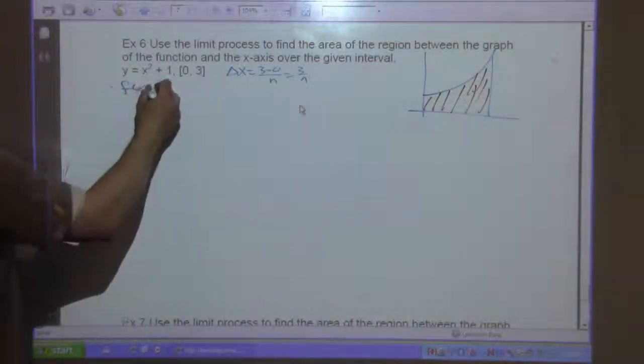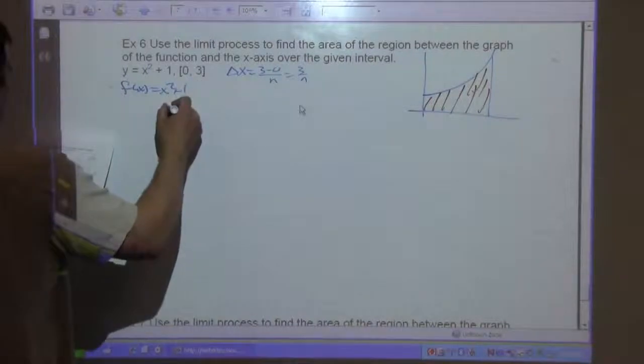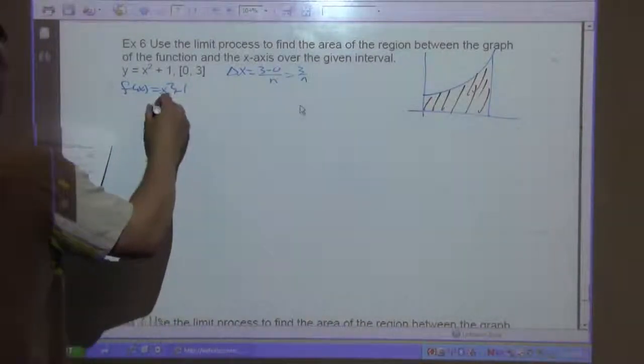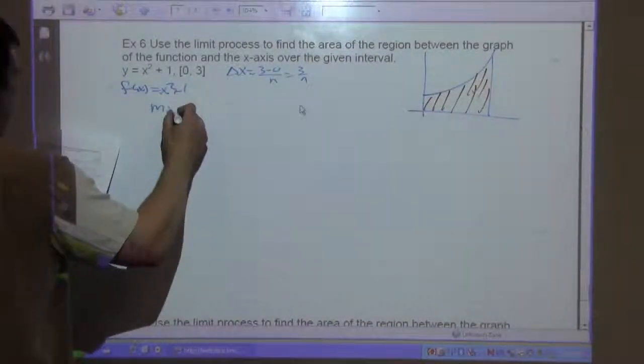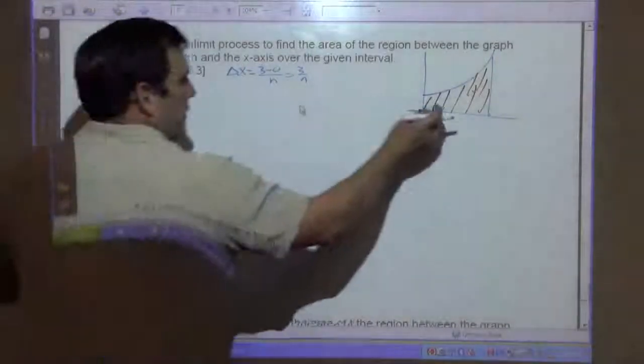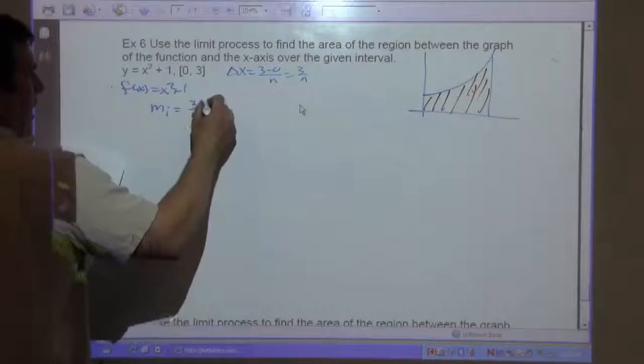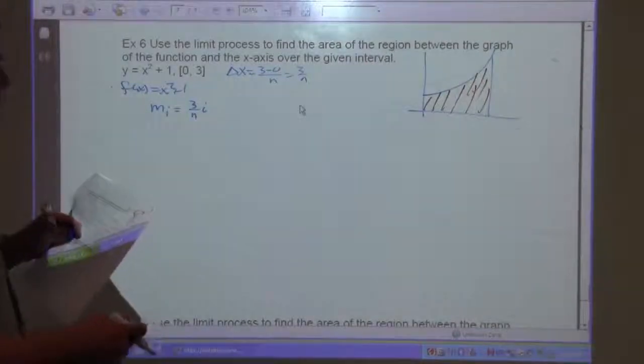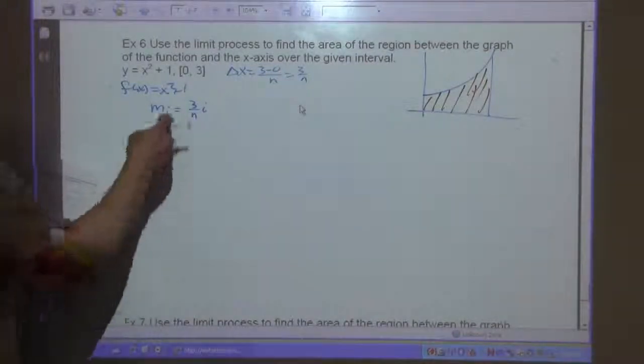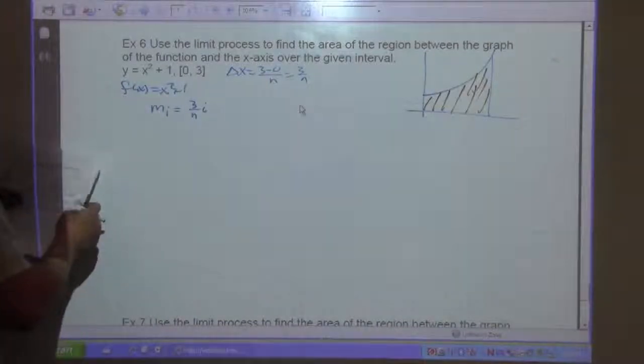And f of x equals x squared plus 1. So m i, any term for any interval, is going to be 3 over n times i, where i is whichever interval we're on.